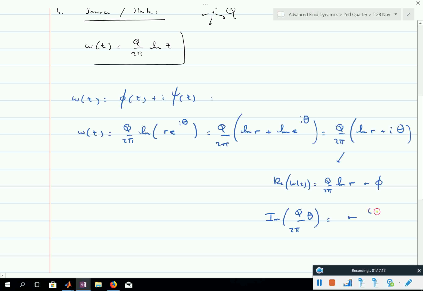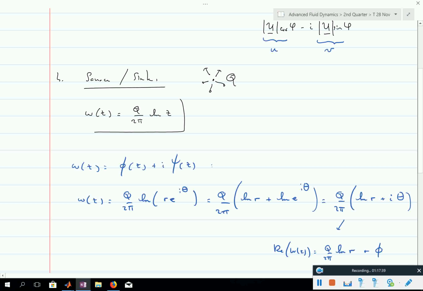Now, you haven't computed the stream functions, but you see that this is a stream function. Remember, the stream function is the function such that the contours are streamlines. Now, what are the streamlines of our source? Yeah, the radii are the streamlines.